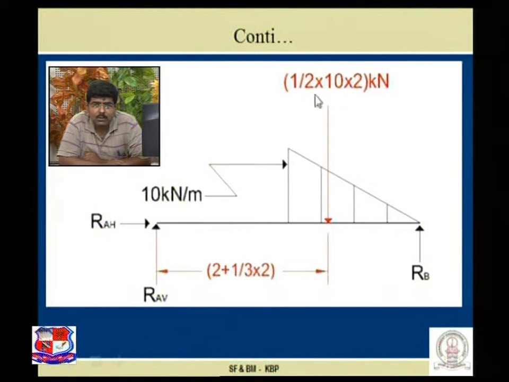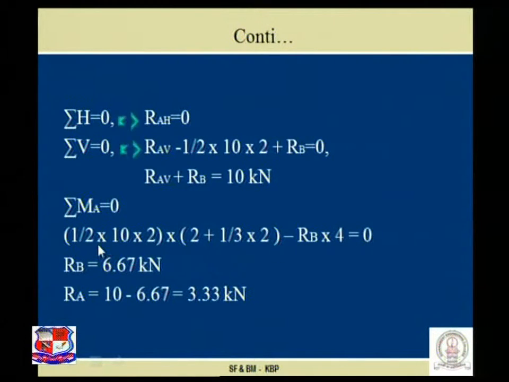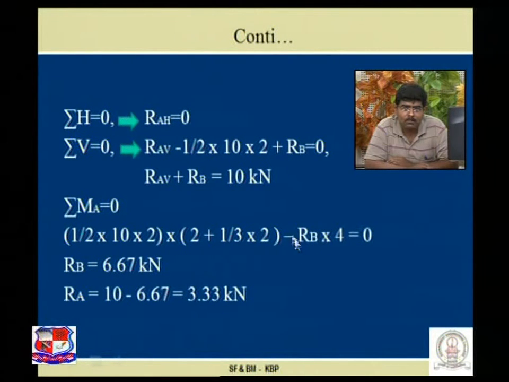The next load is the UVL, half into 10 into 2, which is acting at a distance of 2 plus 1/3 into 2, a clockwise moment. So plus sign, half into 10 into 2 into bracket 2 plus 1/3 into 2, while RB creates an anti-clockwise moment, has minus sign, so minus RB into 4 is equal to 0.